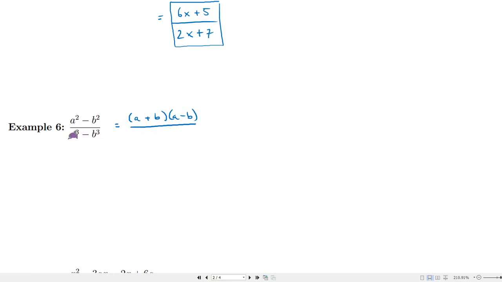So difference of cubes, the special product that it factors into would be the a minus b times the trinomial a squared plus ab plus b squared. And now we see that we have this common factor of a minus b, which reduces, and we're left with a plus b over a squared plus ab plus b squared.